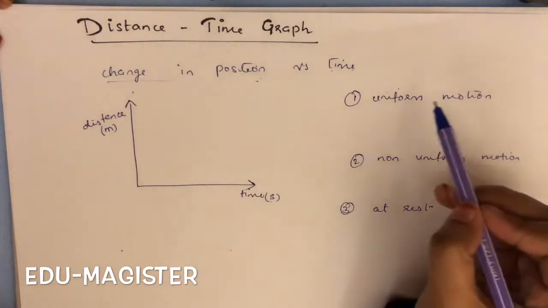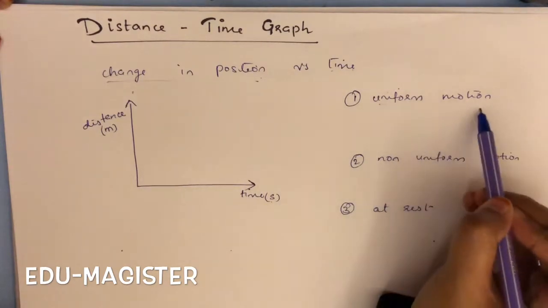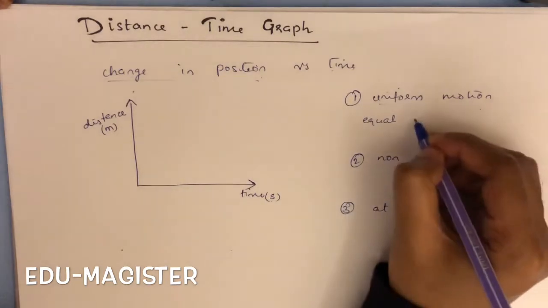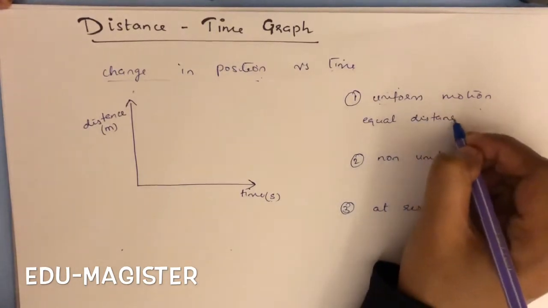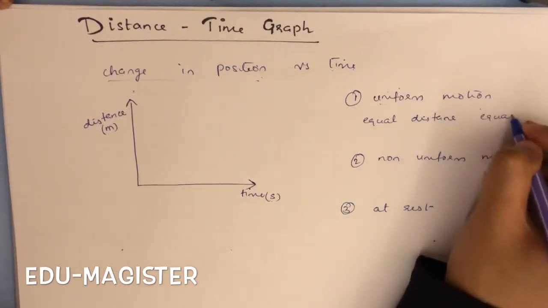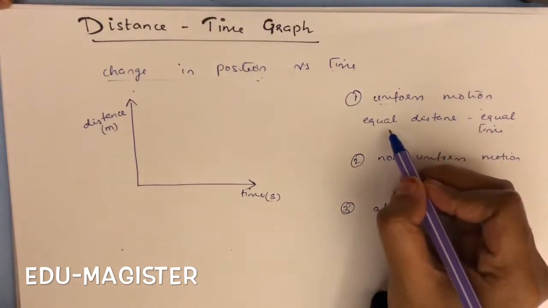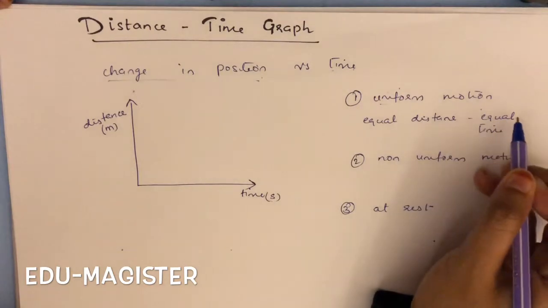Alright, so first, in the uniform motion, we know that the object will cover equal distance in equal time, right? The object will cover equal distance in equal interval of time.